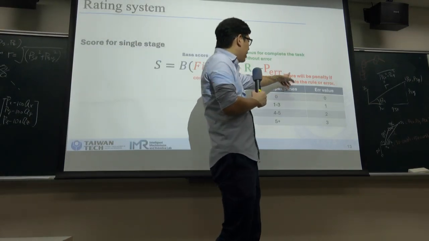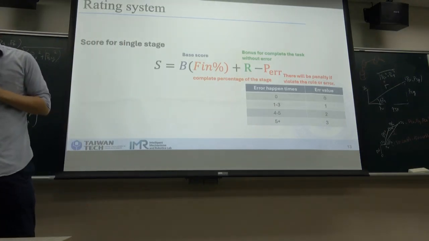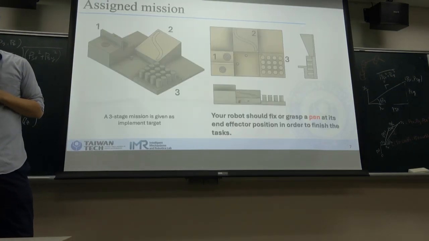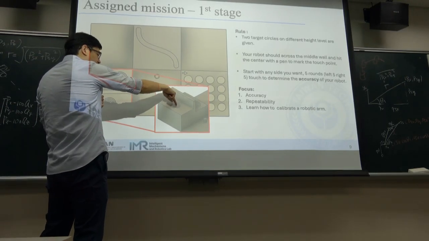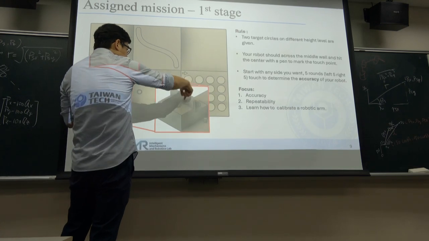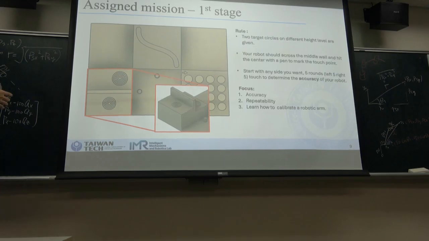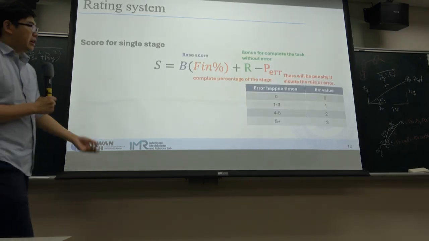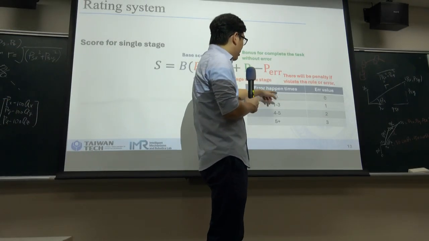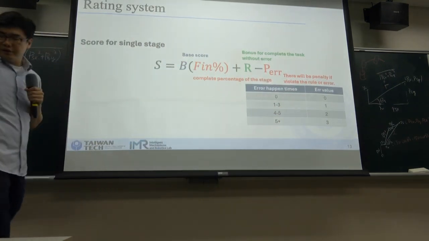And there's a penalty if you violate the rules, for example if you come back and did not get into a circle, or you didn't get over the wall. We just encourage you to finish the task. Then, if you can finish it, you can try for more accuracy. And there are error counts, which will give some penalties here.